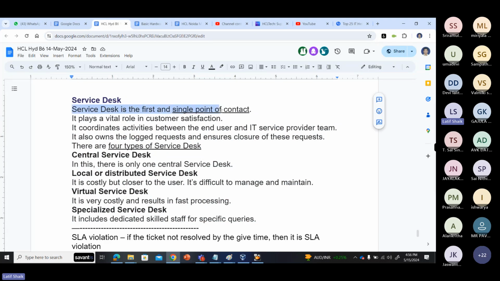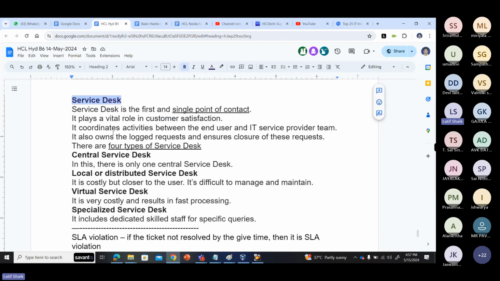What is a service desk? Simply, in a single word, we can say single point of contact, SPOC. It plays a vital role in customer satisfaction. What is the vital role? When a customer requires some information or wants to report an issue to get it solved, he tries to contact the service desk.